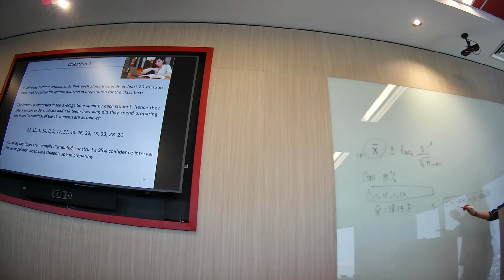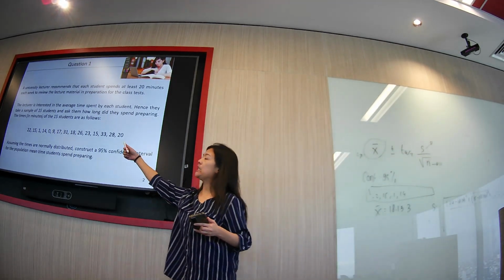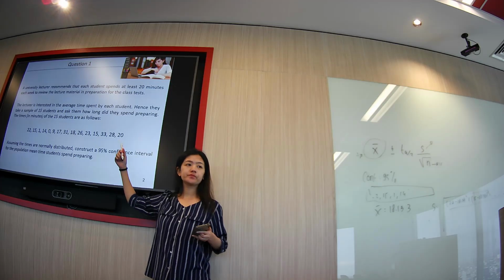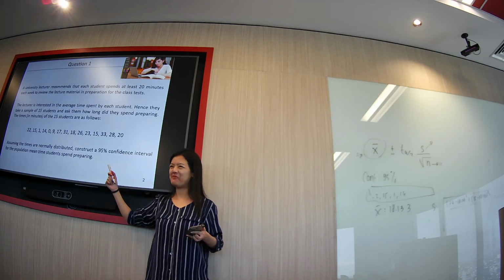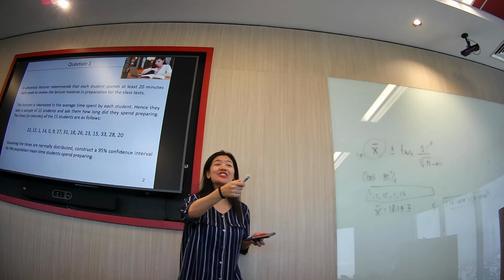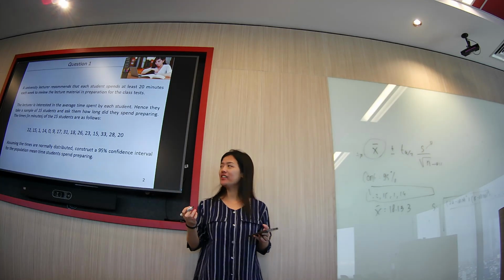Continue up to the last data, which is 20. That's going to take a very long time, right? But you know how to calculate, right? Using a calculator is also possible.